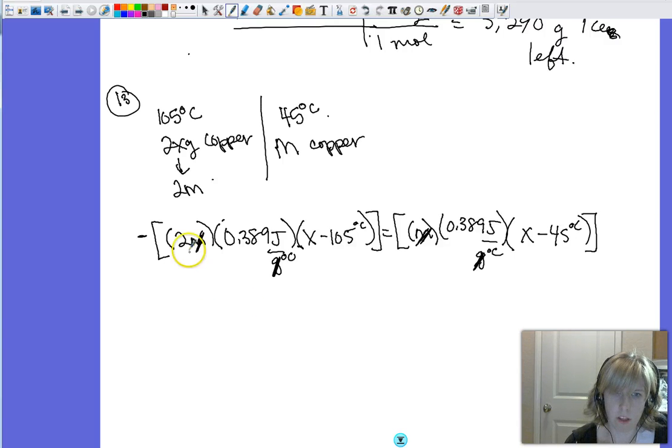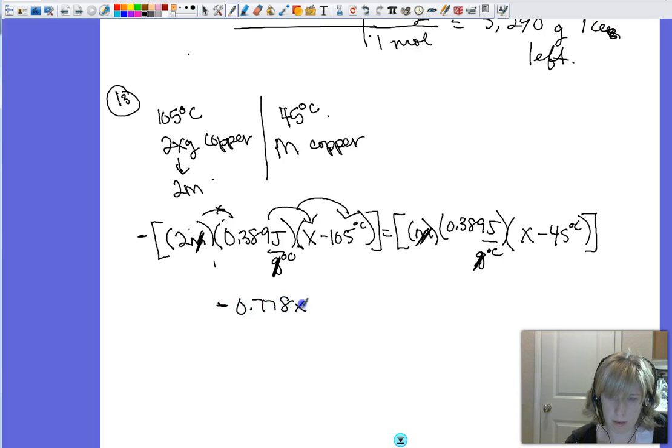So we have 2 times our 0.389, which is going to give us, when we distribute it, so we're going to multiply these together and then distribute accordingly. So we get negative 0.778x plus, because sign changes, negative times negative, plus 81.69.